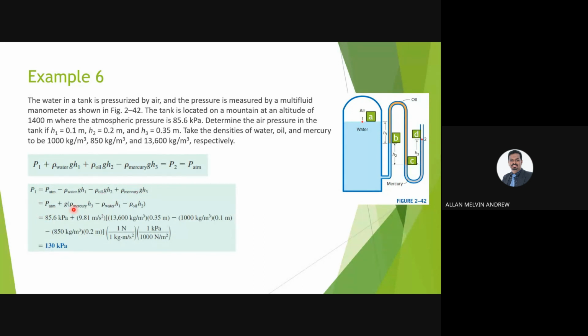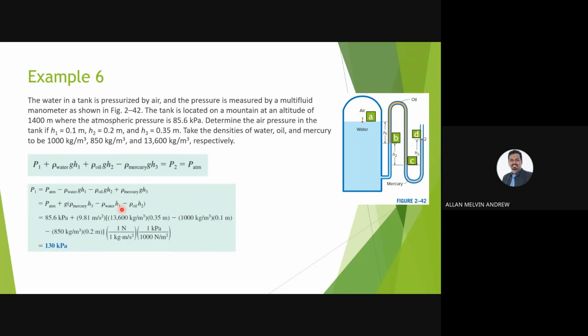Then you substitute the values. Atmospheric pressure is 85.6 kilopascal, gravity is 9.81. So here you already simplify it. Density of mercury is 13,600 and H3 is 0.35, minus 1000, which is the density of water, times H1, so 0.1.